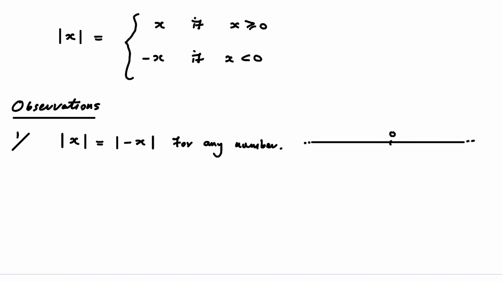If this is 0, I'll draw a picture where x is positive. So if this is x, then minus x is over on the other side, and it's totally symmetric. So this length here and this length here are exactly the same. These are the same length.